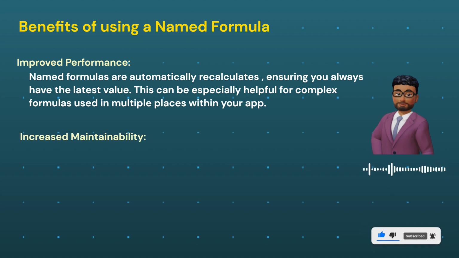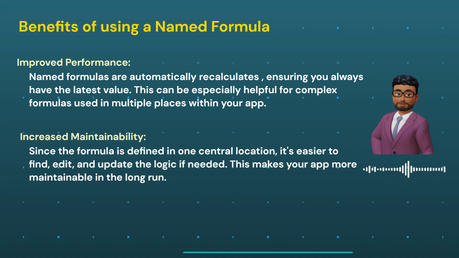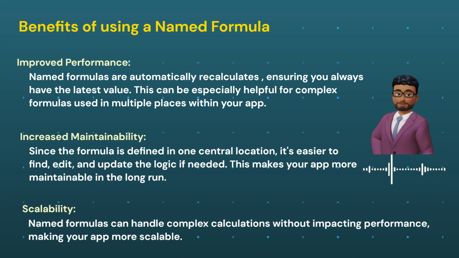Next is its increased maintainability. Since the formula is defined in one central location, it is easy to find, edit, and update the logic if needed. This makes your app more maintainable in the longer run. Finally, its scalability. Named formulas can handle complex calculations without impacting performance, making your app more scalable.